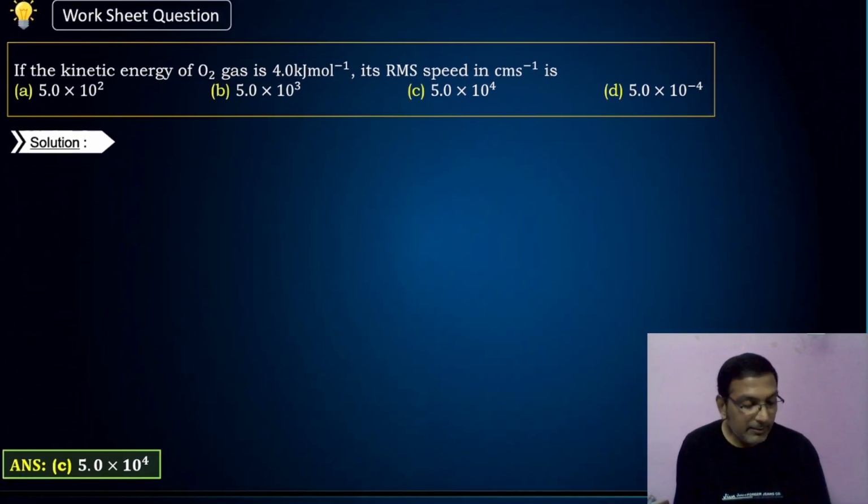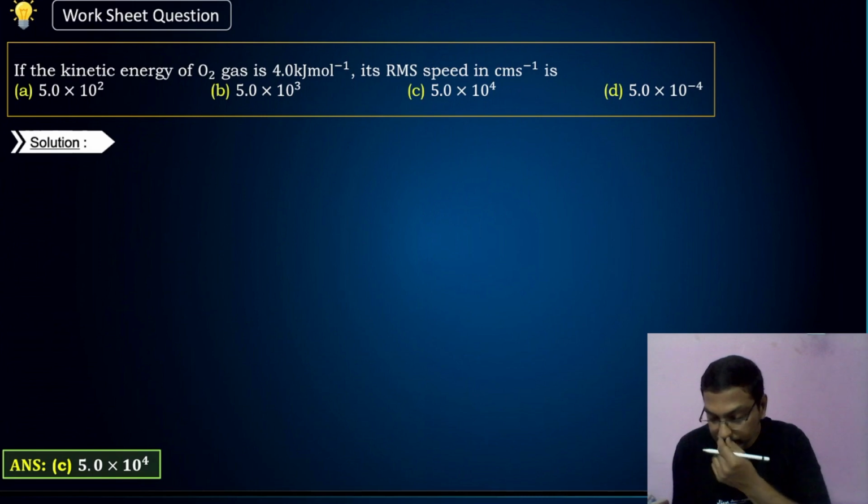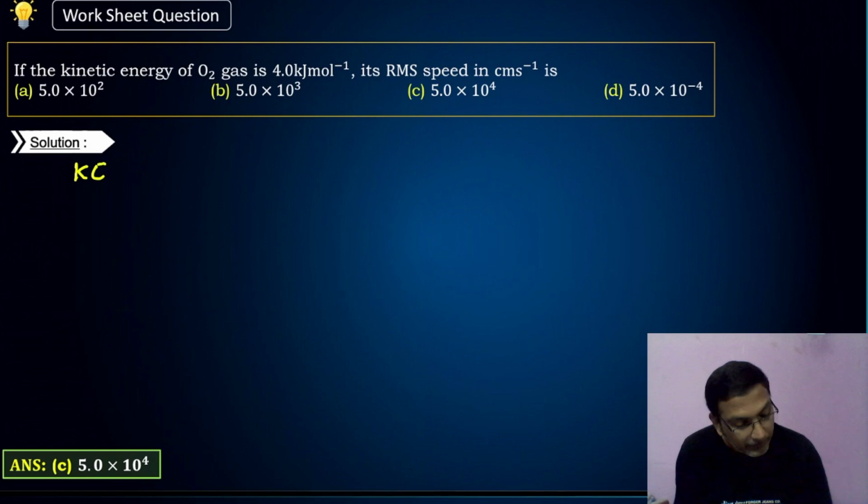If kinetic energy of O2 gas is 4 kilojoules per mole, find the RMS speed. So kinetic energy formula we know: 3/2 nRT, that is equal to 3/2 RT for 1 mole of O2.